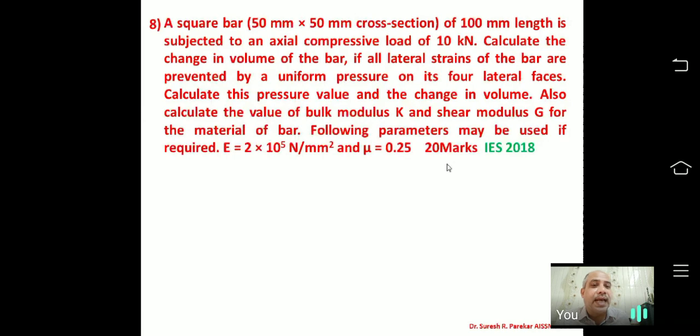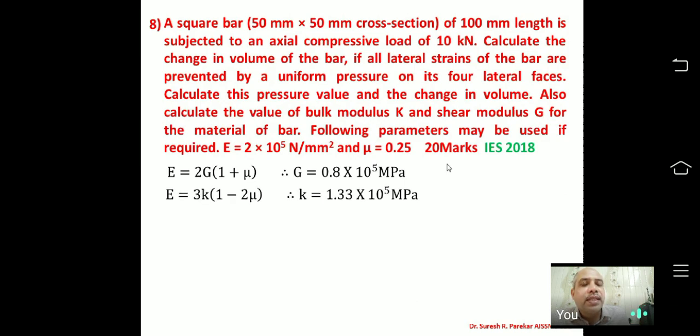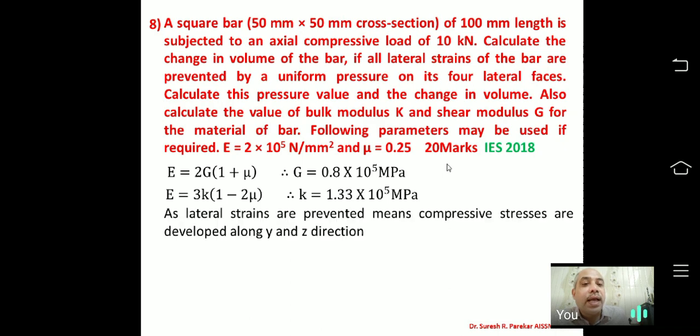So now you can see I have calculated the value of G first. Simple formula: 2G in bracket 1 plus mu. Then we have K: 3K in bracket 1 minus 2 mu. Now as lateral strains are prevented, compressive stresses are developed along Y and Z direction. Because compressive force is applied, the deformation is tensile for lateral dimensions.